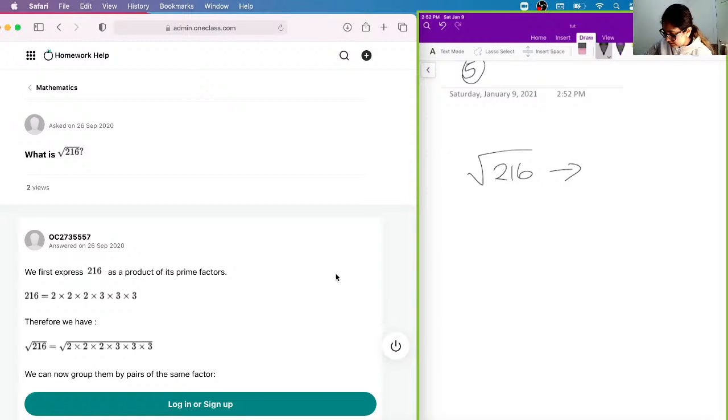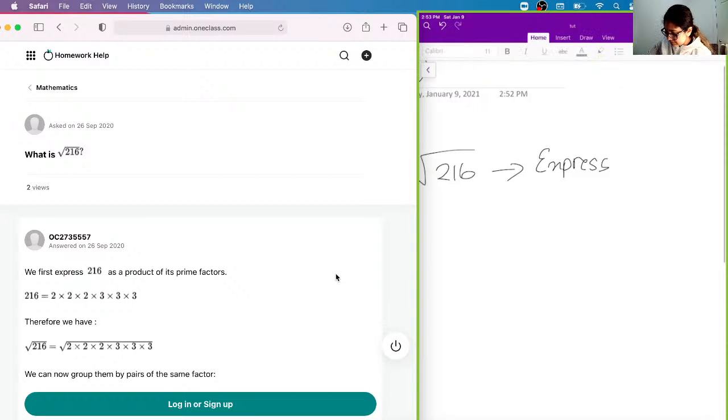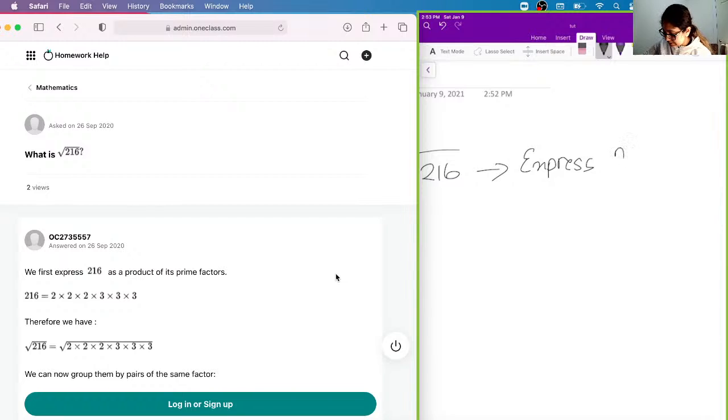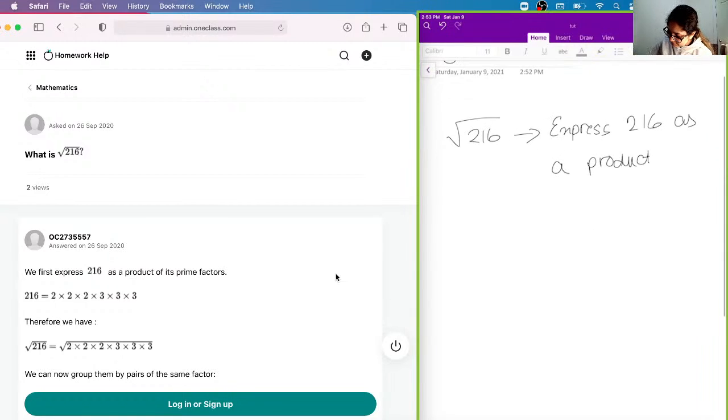So we're gonna express 216 as a product. So we would have, let's say 216. Okay, we're gonna find the multiples until we get the lowest or the smallest term.